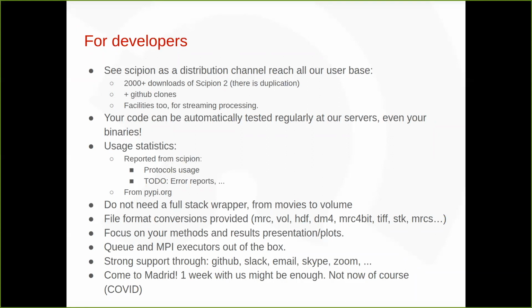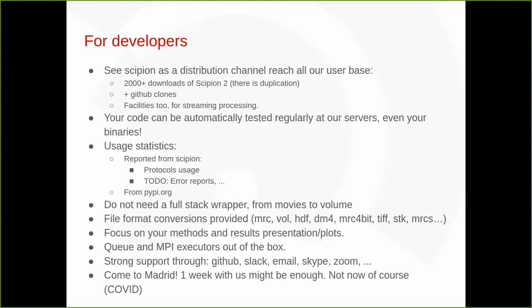Additionally, you don't need a full stack wrapper. So many software have several very nice methods, but then they can't provide the full stack. So they lack the initial step or the last step of the workflow. So what do you do? Usually, if you lack the last step, you provide some export to rely on some other software that can use your data.